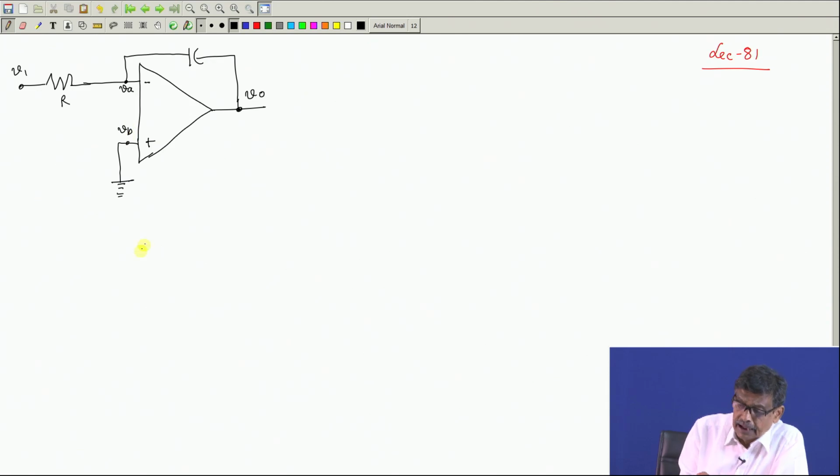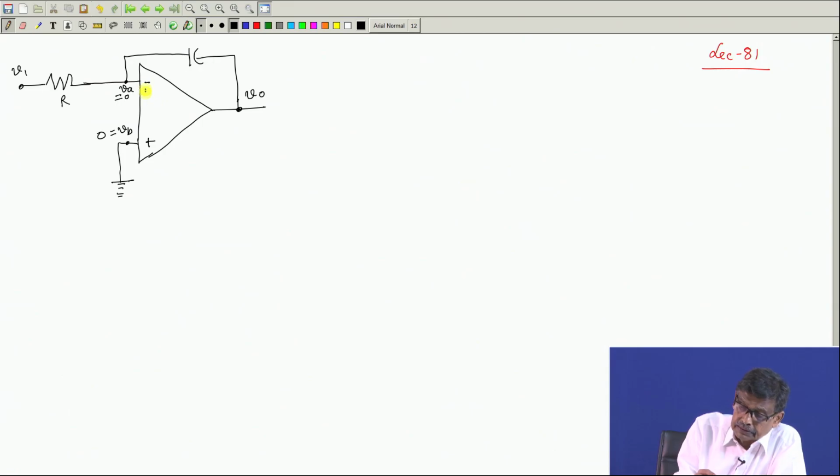Looking at this circuit, I will say the potential of V B is equal to 0, and if this is 0, V A cannot but be 0. It has to be also 0. Why?